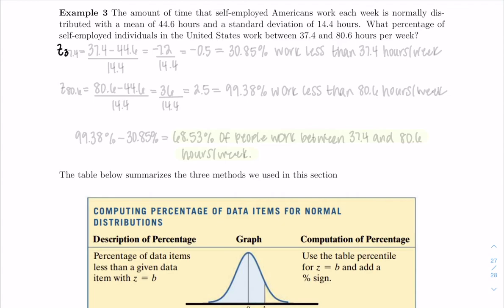So the z-score of 37.4, we take 37.4 and subtract the mean of 44.6, and then we're going to divide by the standard deviation, which is 14.4 hours.